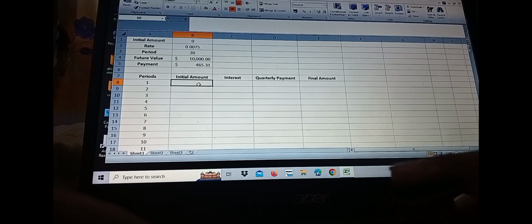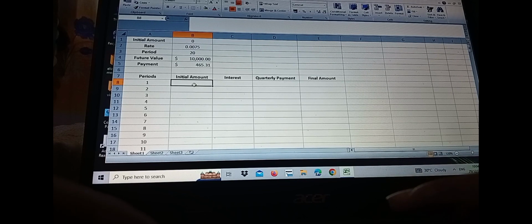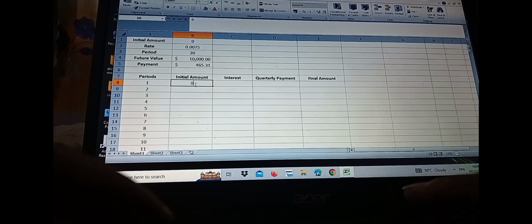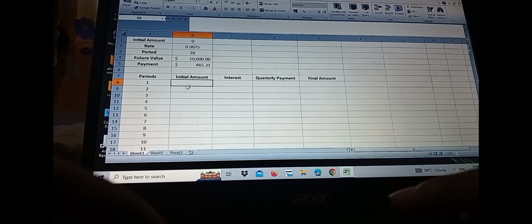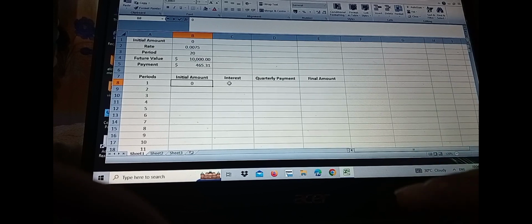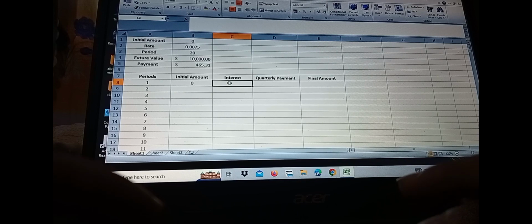In the initial amount we put a 0 since our initial amount is 0.